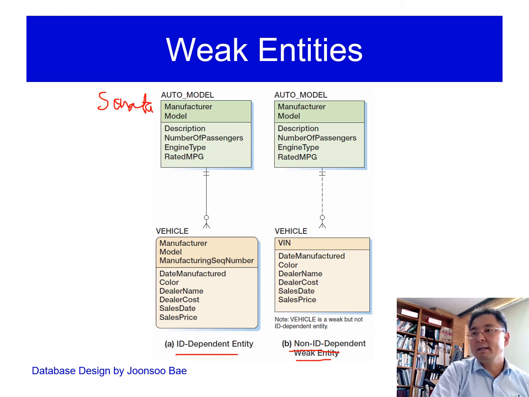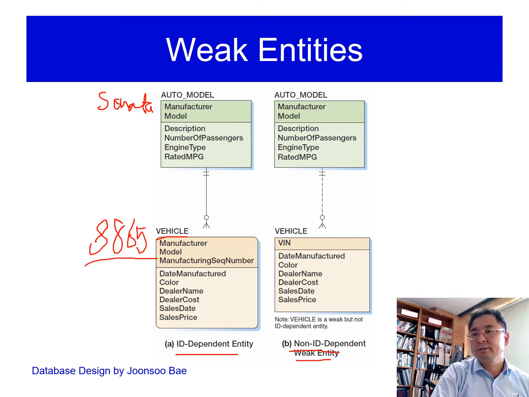Okay. And the vehicle means that individual instance of this auto model Sonata. My vehicle's plate number is 8865.